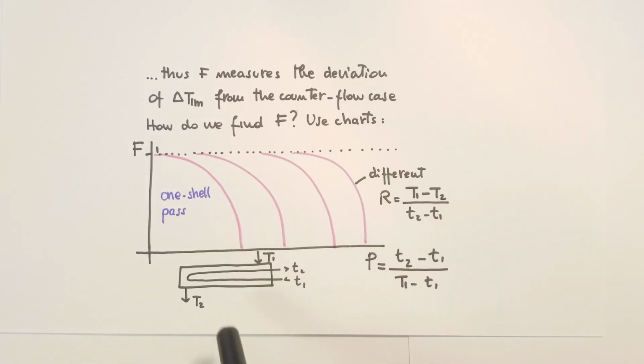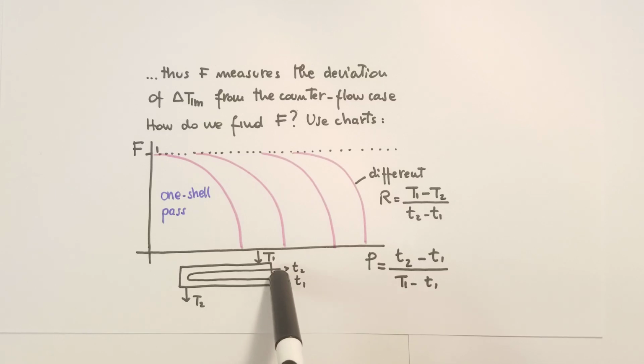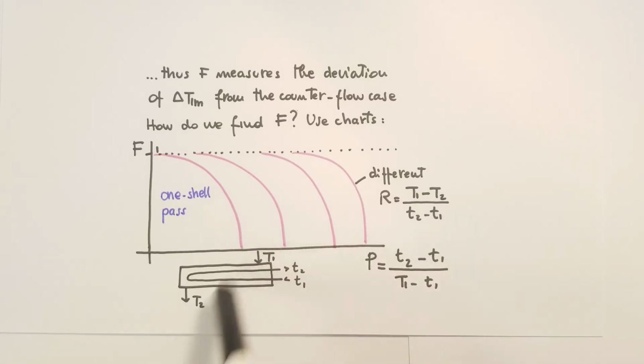So for one shell pass, we have T1 and T2 in capital letters, which represent the inlet and outlet of the flow flowing this way, and small t1 and small t2 are the inlet and outlet of the other fluid.